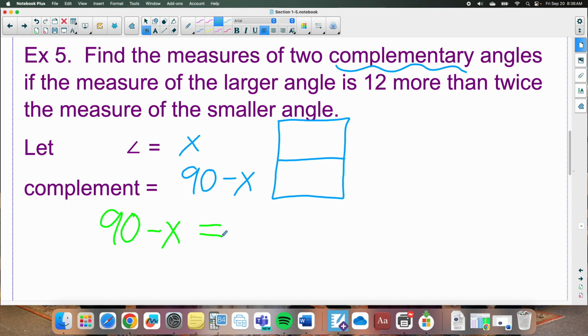First of all, how do I write twice it? Twice is 2x, do you get that? Right? And then how do I do 12 more than that? Plus 12. Once you get to that point, you have your equation done, and then you just go ahead and do algebra.